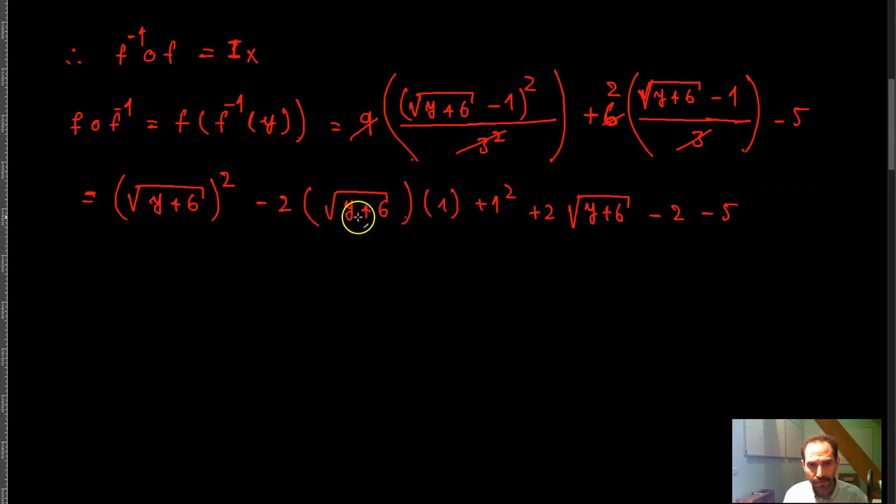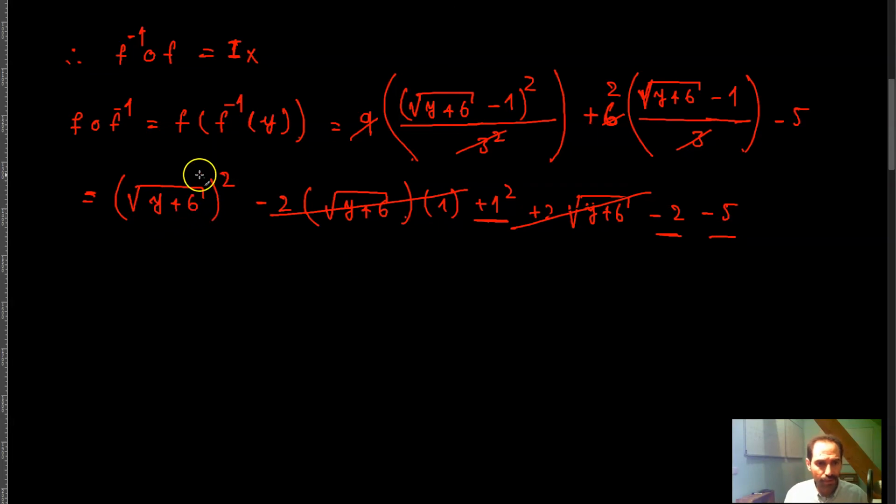So this is negative 2 times the square root of y plus 6 plus 2 times the square root of y plus 6, and you can cancel these two out, and now what you have is a 1 squared over here, negative 2, negative 5, and this expression over here.